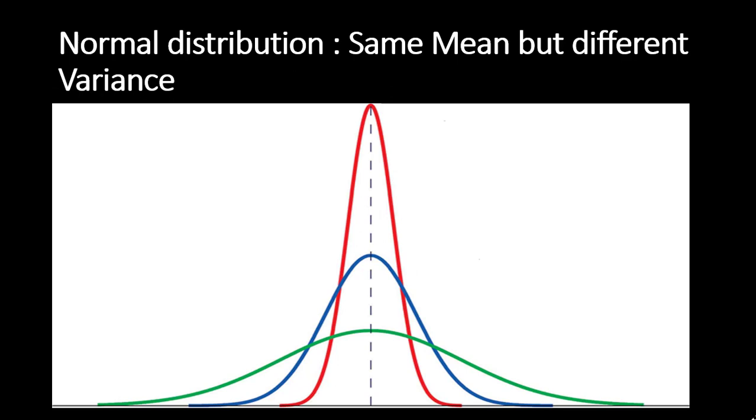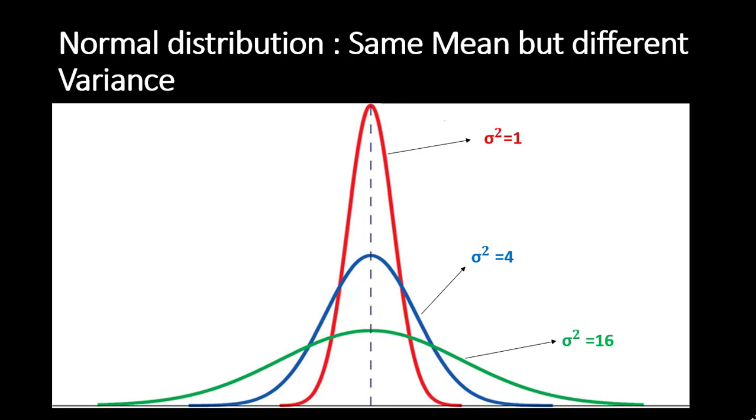Now, what would happen if the mean is kept constant but the variances are different? In case of the first curve, the variance is 1. In case of the second curve, the variance is 4. And in case of the green one, the variance is 16. So, you can easily see that since the mean is constant, the curve is not shifting its position.